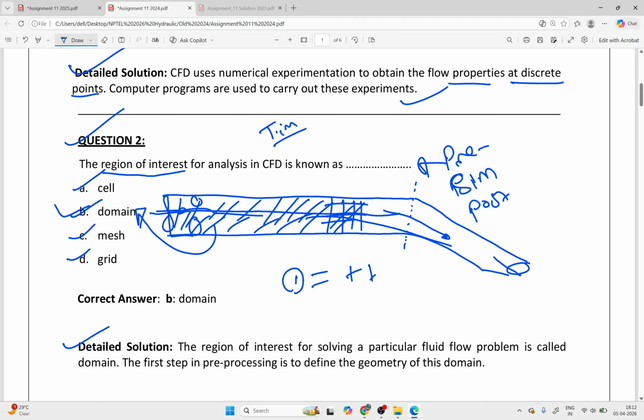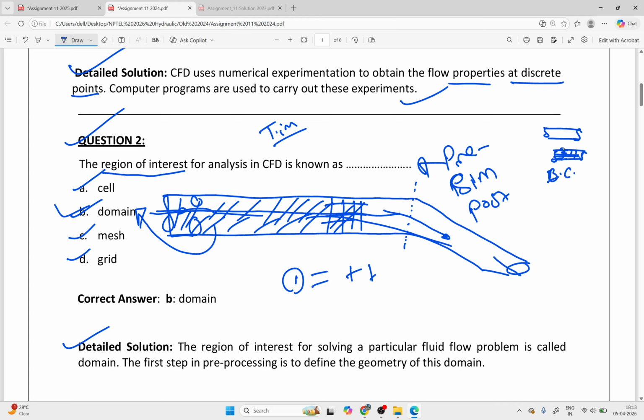Let me explain how the flow goes. First you will draw the geometry. Then you need to mesh your domain. Then you need to apply the initial condition and boundary condition.